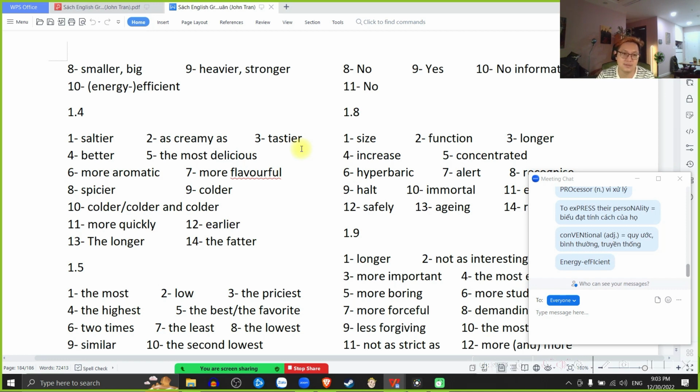Number 6, the more aromatic. Aromatic, không ba nha. More aromatic. Number 7, more flavorful. Flavorful. More flavorful.